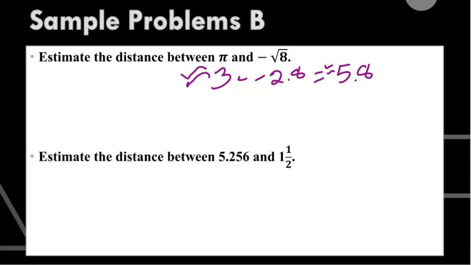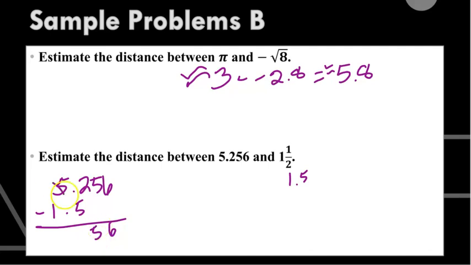If I were to find the difference, I would just take 5.256 minus 1.5, and you would get about 3.756. So again, this was the exact answer, but if we're estimating, this would be about 5, and 1.5 would be about 2. So we would say it's about 3, the distance from there.